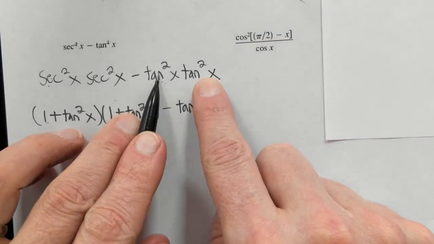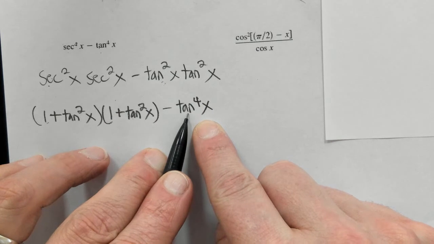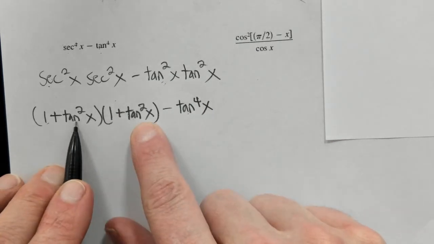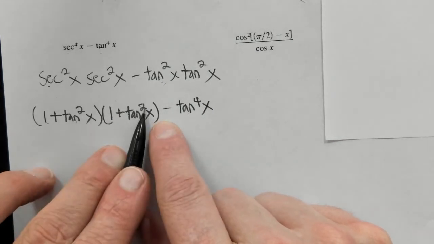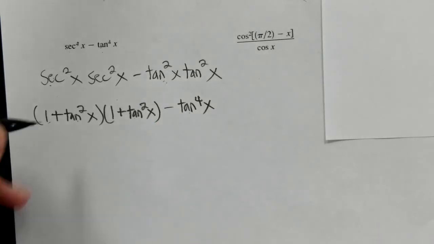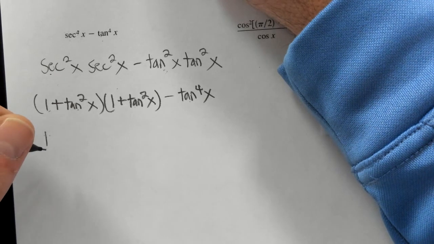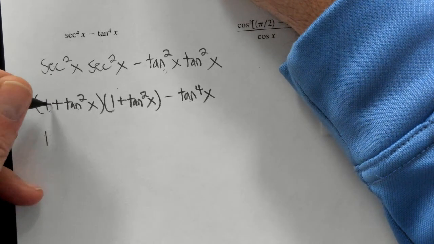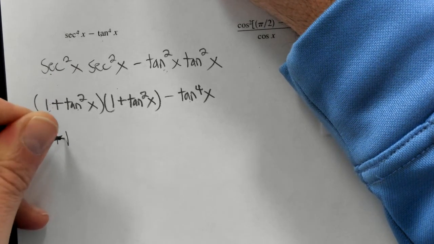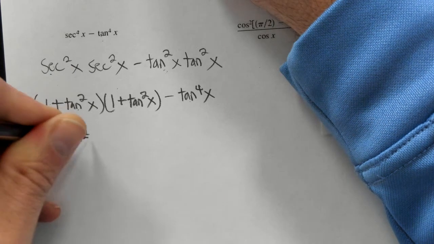And the reason why we're taking this back to the fourth power is because, look at this. When I multiply this out, what's tangent squared times tangent squared? Tangent to the fourth. So let's go ahead and distribute that out. So 1 times 1, that would be 1. And then 1 times tangent squared is plus tangent squared x.